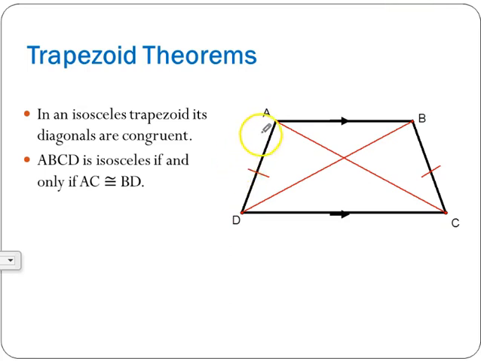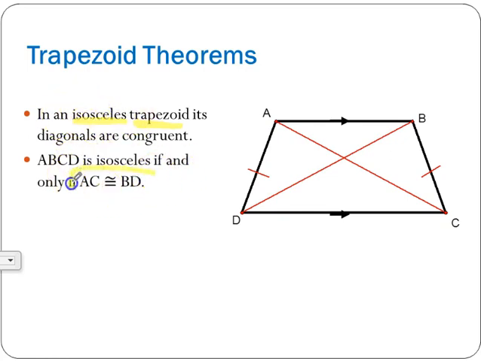So, some more trapezoid theorems. Let's talk about the diagonals. In an isosceles trapezoid, the diagonals are going to be congruent. That means the distance from A to C is going to be equal to the distance from B to D. We can also use the lengths of the diagonals to determine if we're working with an isosceles trapezoid.